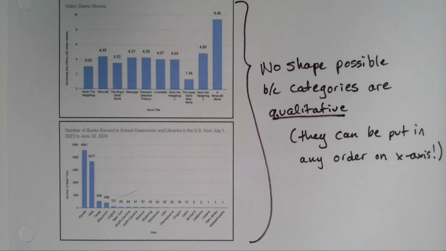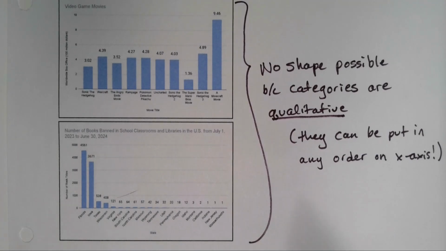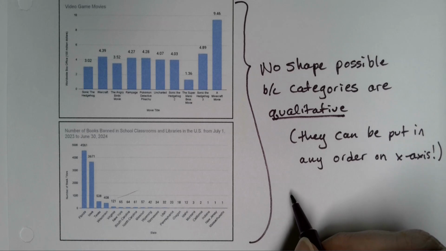Right, so that's why you cannot talk about the shapes of distributions for bar charts and Pareto charts, and pie charts for that matter too, but pie charts are circles, so they wouldn't have a shape anyway, right? But bar charts and pie charts and Pareto charts cannot have a shape.